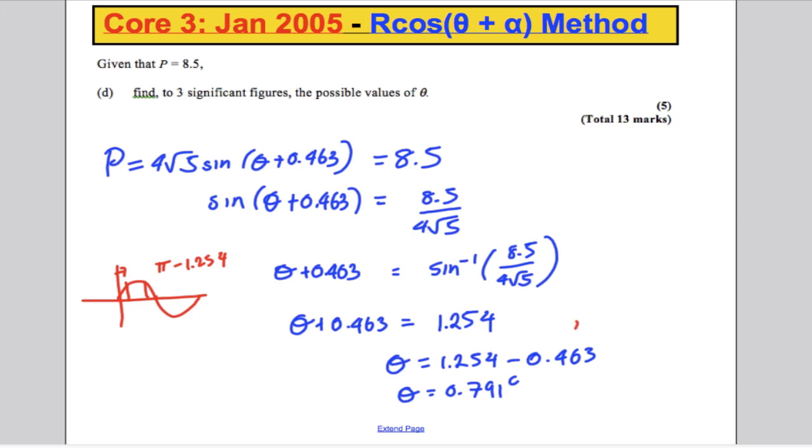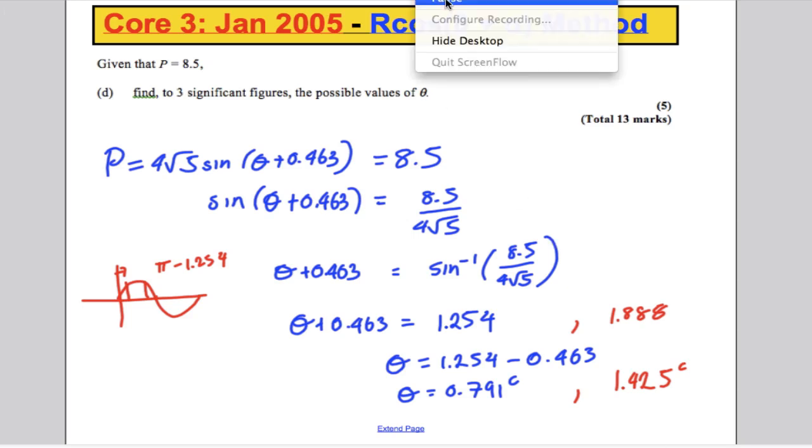So I should have really worked out another answer there, which is pi minus 1.254, which is 1.888. So therefore there was another answer here when I subtracted 0.463 from that, and I should have got another answer, 1.425 radians. So there were actually two answers for that one there.